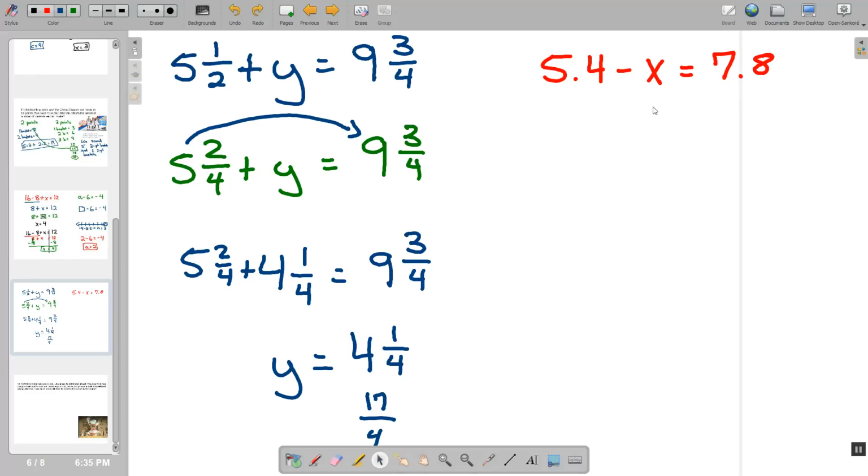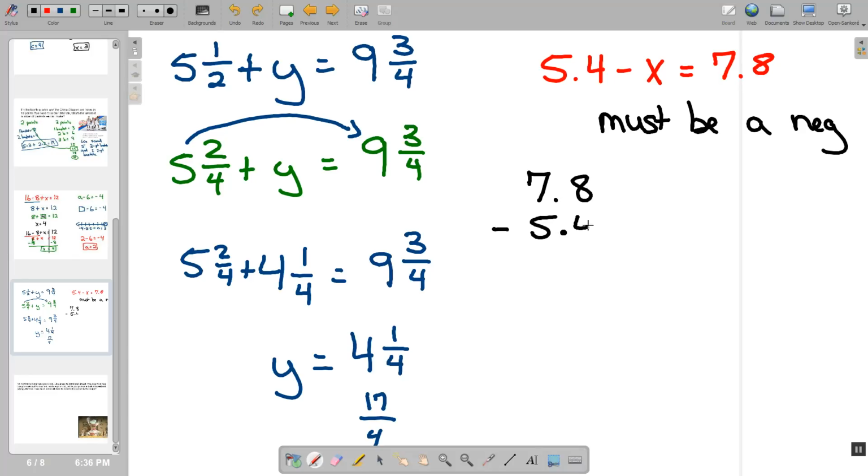Now, if we're subtracting a number, we're getting smaller, and our answer has to be bigger than where we're starting. Therefore, our x has to be a negative number. So what I'm going to do is subtract 7 8/10 and 5 4/10 and find the gap between them, which is 2 4/10.